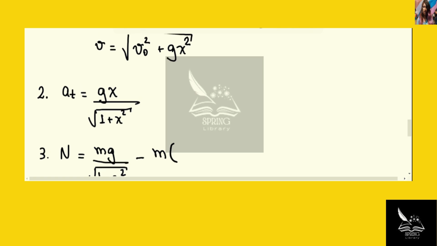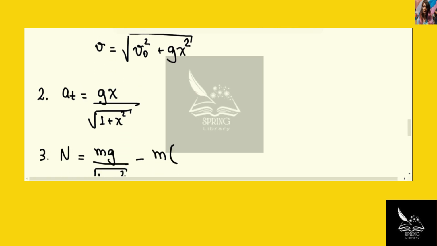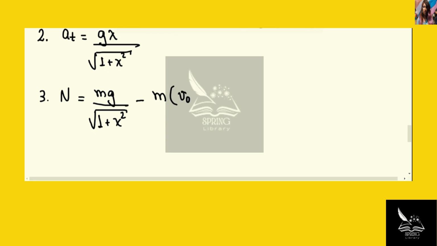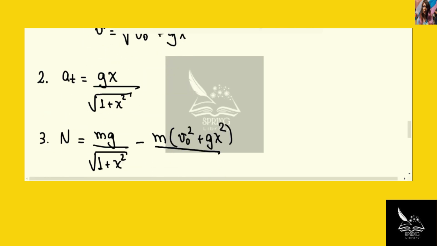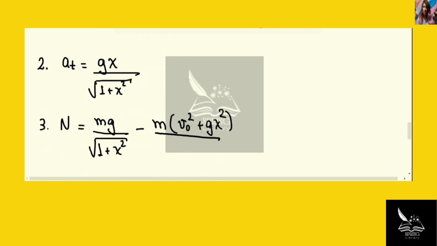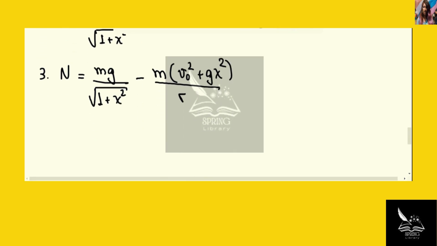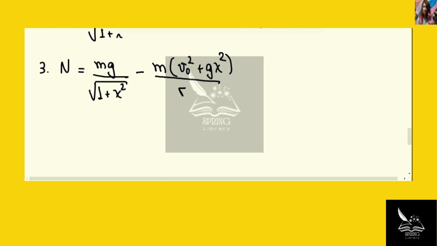minus m v squared, which according to point 1 here is v0 squared plus gx squared, divided by R. So now all we need to do is to find what R is.